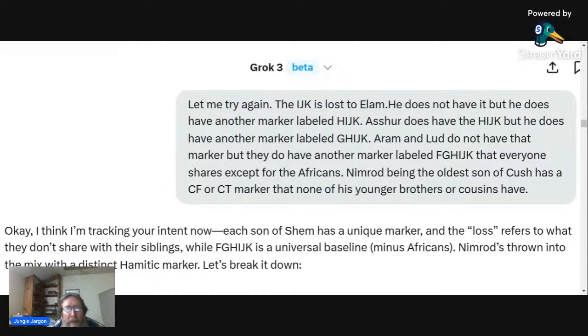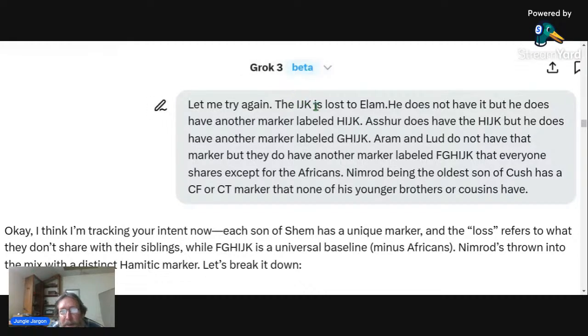So this is, I think, where we left off before, just as a way of review, so we can know what we're talking about. Talking to Grok 3, the AI. Let me try again to explain it. The IJ is lost to Elam. So the IJ marker, forget the letters, it's just a label.